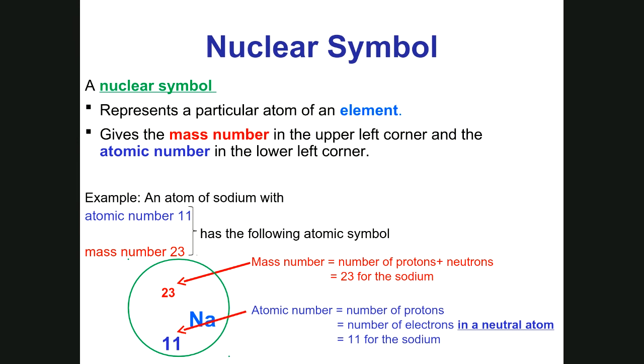This is what it is, this 11 that you see on sodium. Sometimes it is on the top, sometimes on the bottom, but here is how you are going to figure it out. Any time this number exists by itself, that's the atomic number. If it exists with another number that is bigger than this number, that bigger number is the mass number. So the atomic number is the number of protons, right?